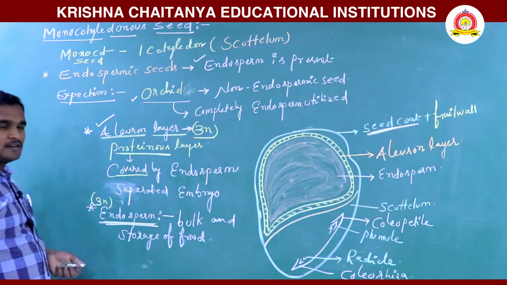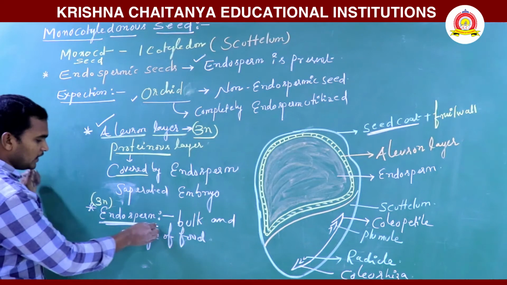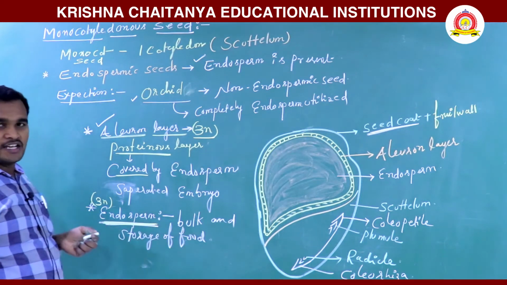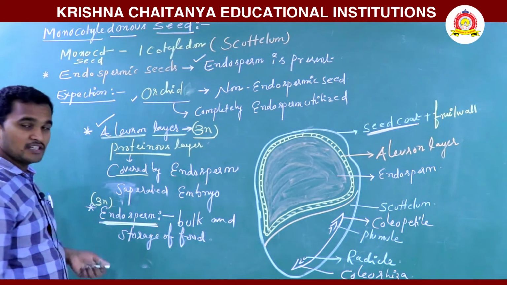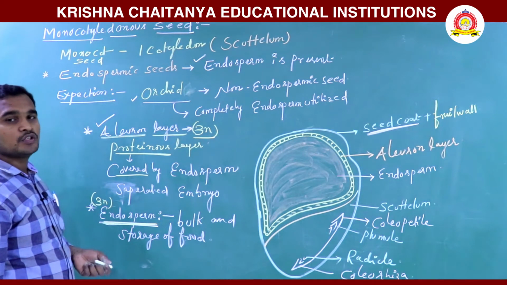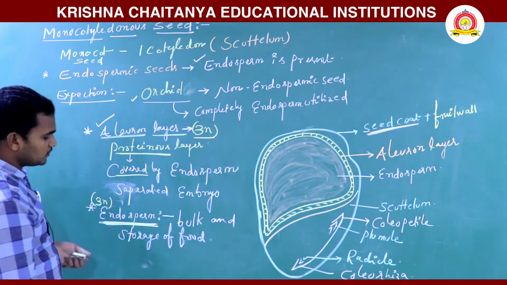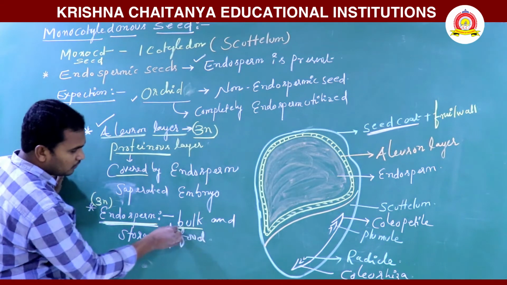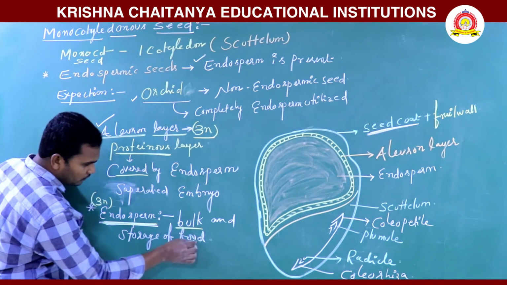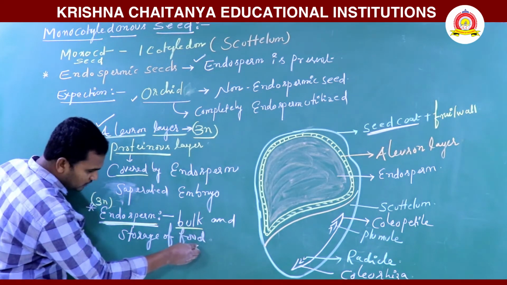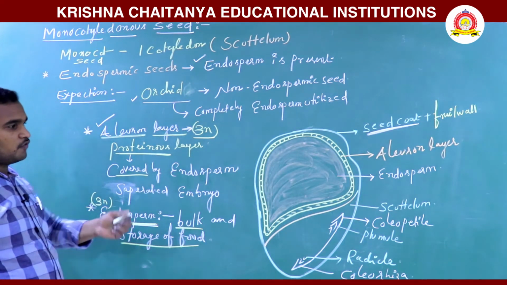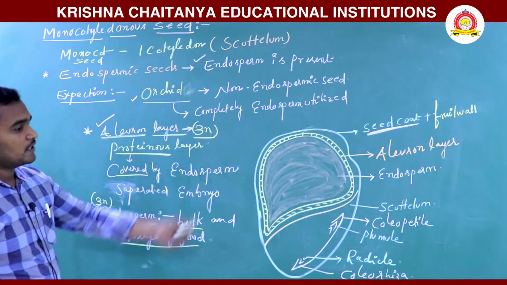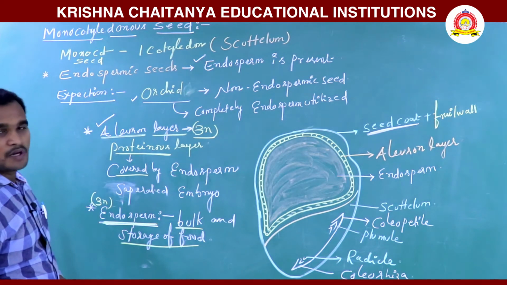So this is the endosperm, a result of double fertilization. We see this mostly in flowering plants, the angiosperms. Bulk food material is stored in the endosperm.